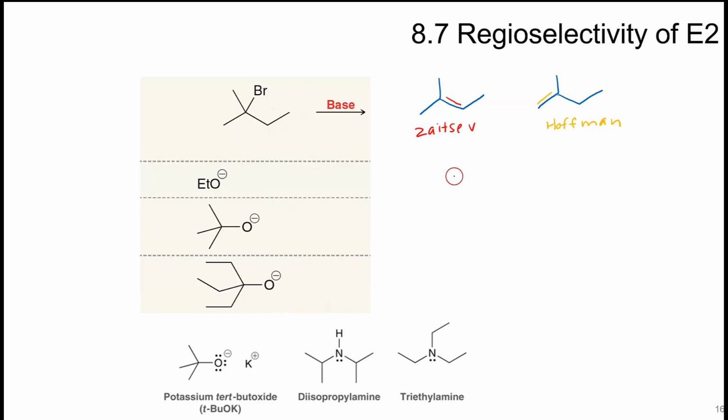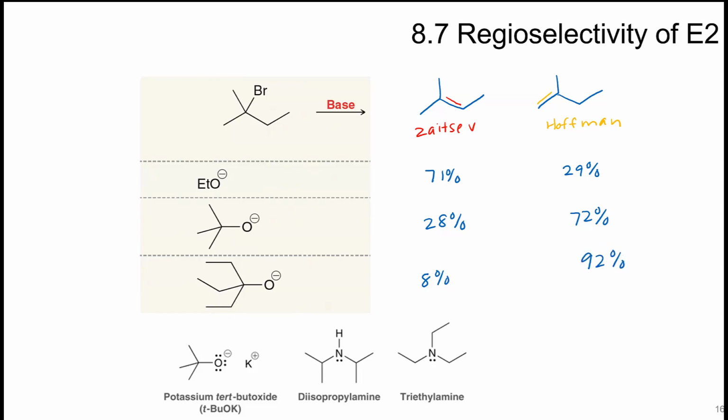If you use EtO minus or ethoxide, 71% of your product will be Zaitsev product, 29% will be Hofmann. If you use tert butoxide, you will have 28% versus 72%. If you use this big guy, which looks like a tert butoxide except it has extra carbons, it is 8% here, 92% here.